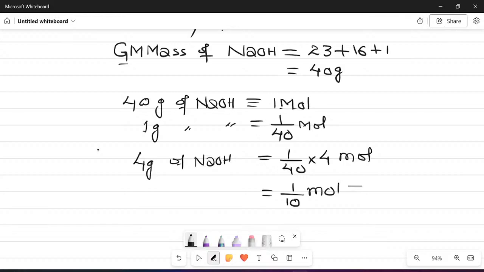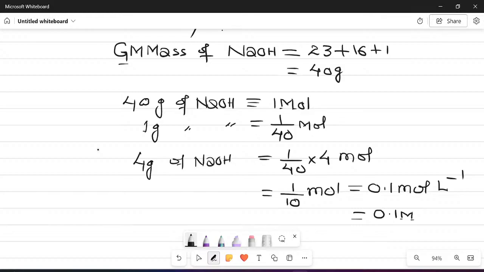That means 0.1 mole is present in 1 liter. So molarity of the solution is 0.1 molar.